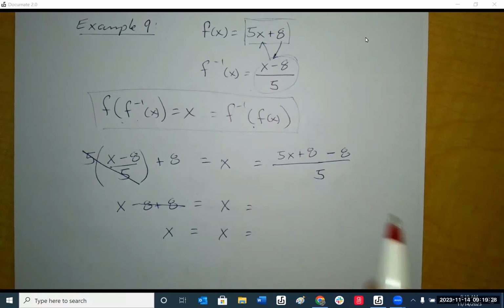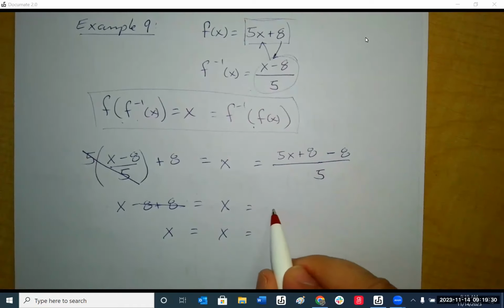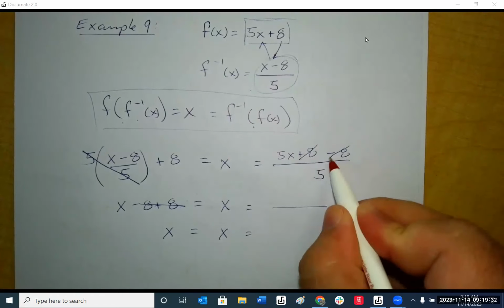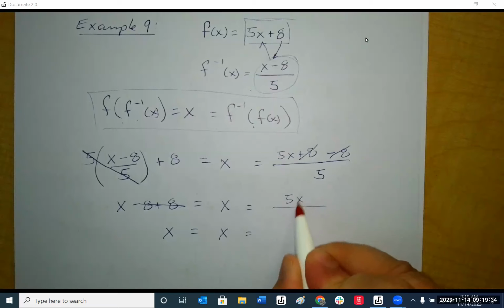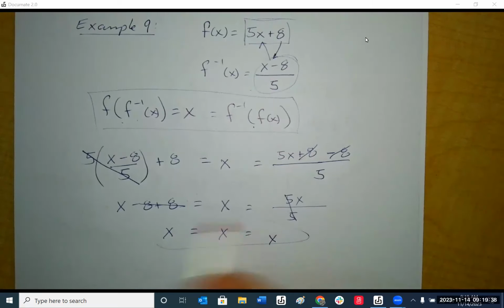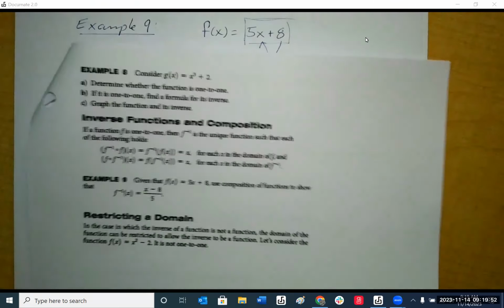This should equal x. Now in this one, the 8 and the 8 cancel, so we have 5x over 5. Yep, it matches this rule. So that's how you test to see if they're inverses of each other. And besides that, on your sheet, right there.